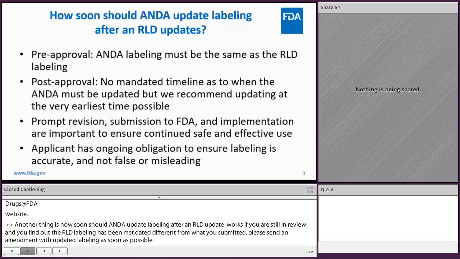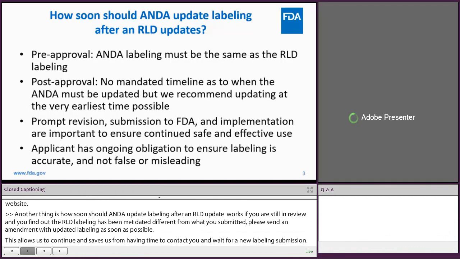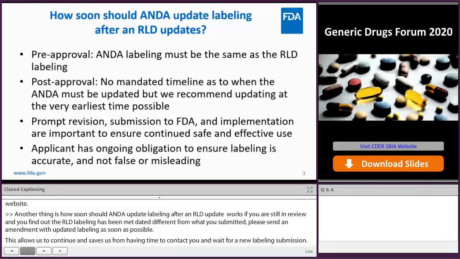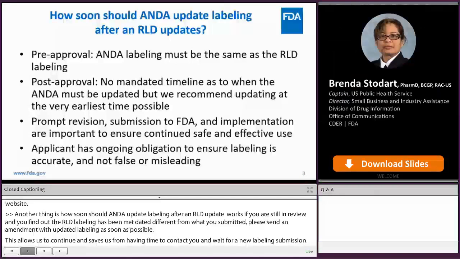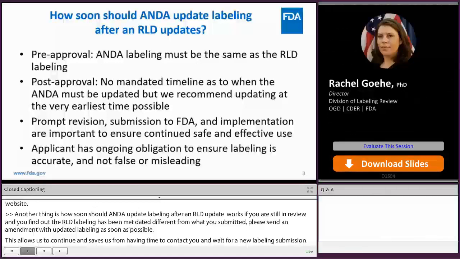If your application is already approved, there is no mandated timeline as to when you must update your labeling. However, we recommend updating at the earliest time possible because prompt revision of your labeling, submission to the FDA, and implementation of the updated labeling are important to ensure continued safe and effective use of your drug product for healthcare providers and patients.